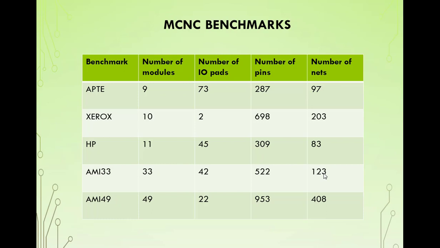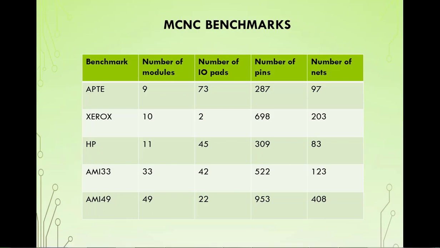To find out the number of nets, the number of nets is equal to the number of internal connections of the various submodules that have not been repeated. Like for the ground, it may have been connected to various submodules, but the ground net is considered to be one particular net. So to find out the number of nets, we have to remove all the redundant signal names of the various submodules.